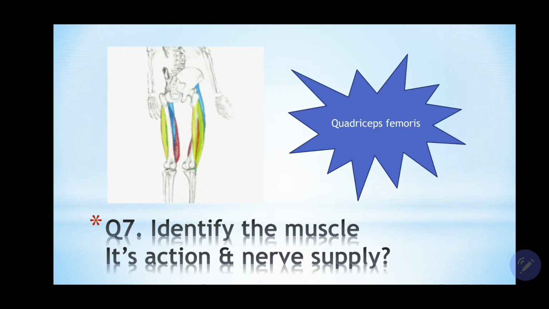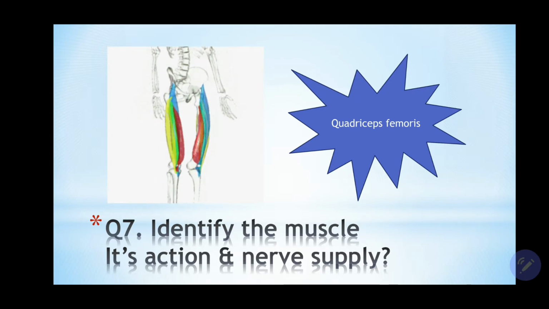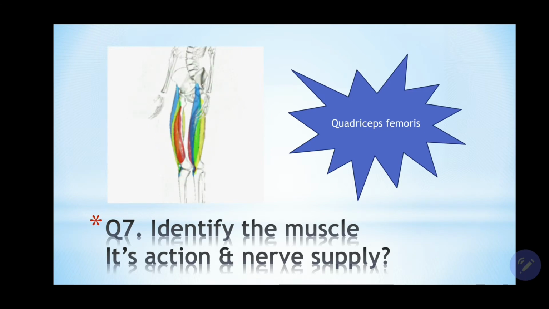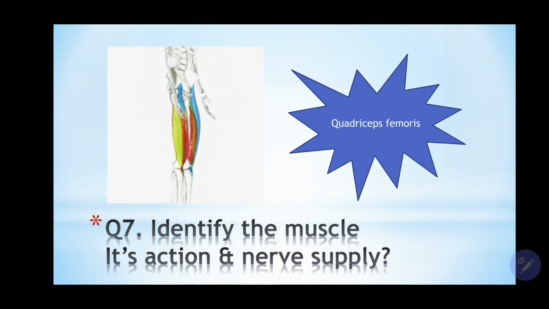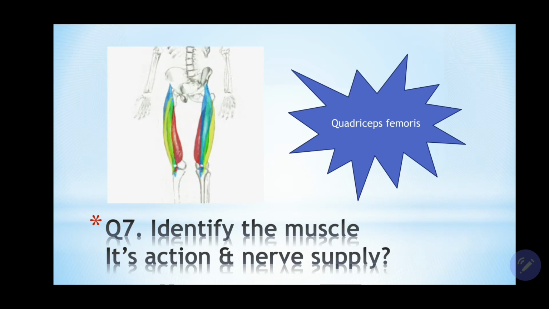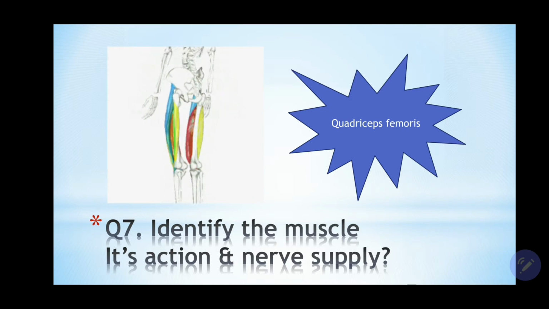Quadriceps, why? Because there are 4 muscles together, and together it's a bulky compartment. I should say that it's the bulkiest compartment of the thigh. That's the front of the thigh, and it's the bulkiest muscle group. And individually, if it's asked, the bulkiest muscle of the thigh is vastus lateralis.